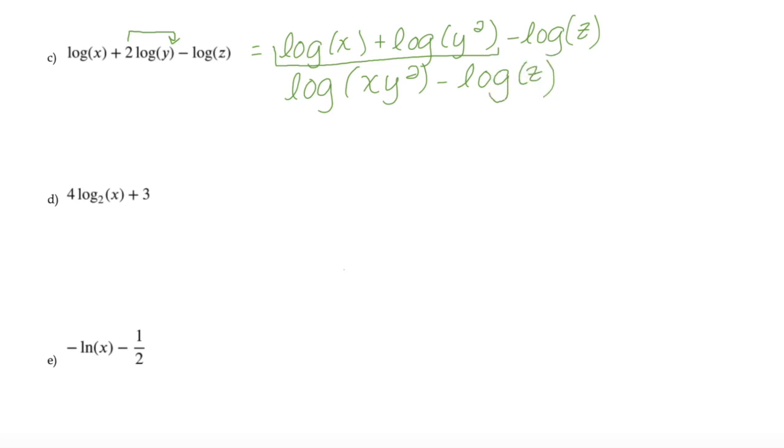The final part is, because this is subtraction, we can turn this into division to make 1 logarithm: log of xy squared over z. And I know I'm done because we only see 1 logarithm and everything is combined together as best as possible.